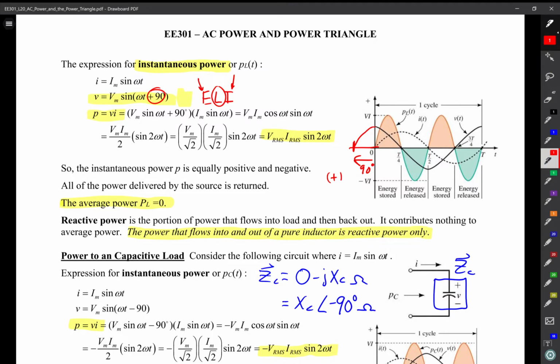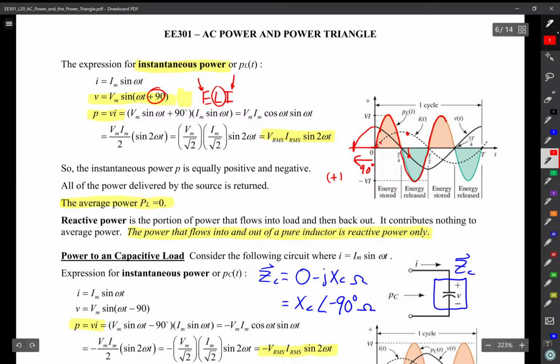So when I multiply those two, notice in the time domain what I do. When I multiply these two values here, I get a positive value for all of this region right here. But then there's a point at which the voltage is going to be negative and the current is going to be positive, yielding a negative value.